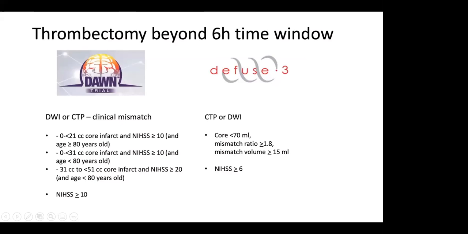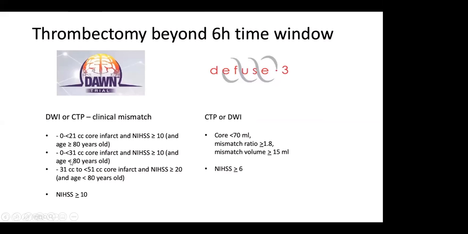In those more than 80 years old, all of them have an NIHSS score of more than 10, and they take a core infarct volume of 0 to less than 21 cc.